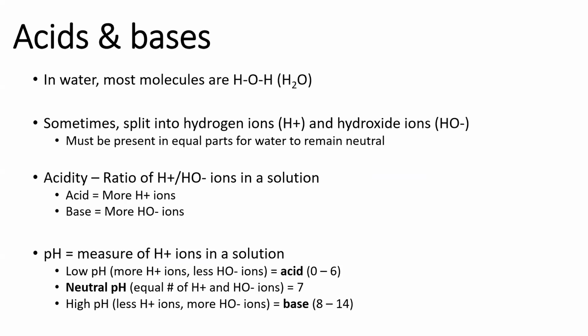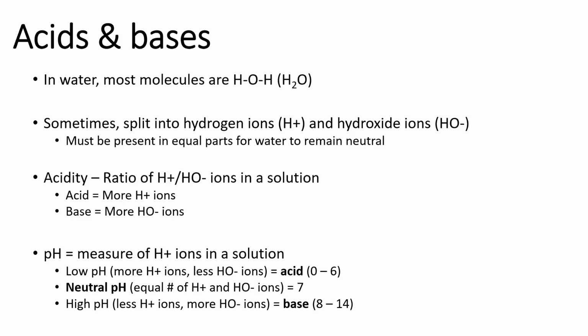The neutral pH is 7, which means you have an equal number of hydrogen ions and hydroxide ions.